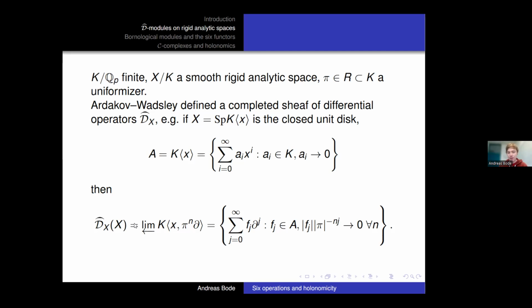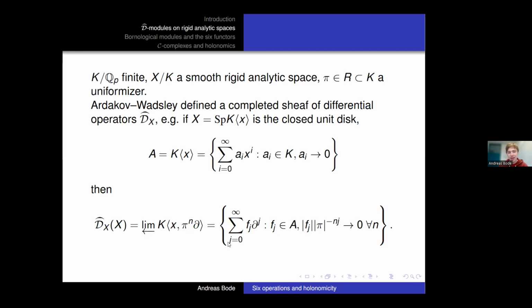Another way of saying this is that this completion, D-cap of X, has elements which are power series in x and partial, such that the expressions look like functions which would converge on the entire cotangent bundle of the closed unit disk. So in the x direction, I have this type of convergence condition, but in the partial direction, I have the much stronger convergence condition, namely, so to speak, the radius of convergence is infinity.